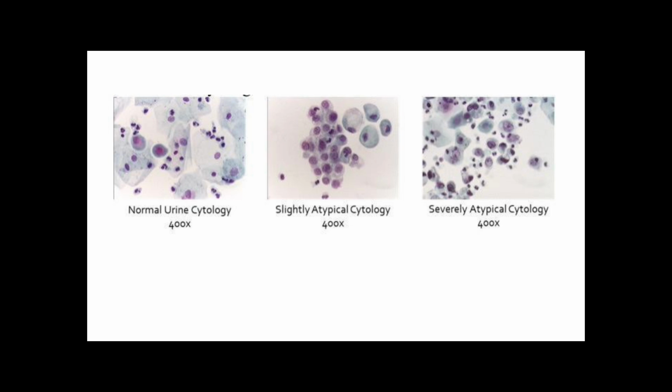In the semi-atypical cases the NC ratio is also very high, and you can see pseudo projections, papillary projections, here. We will discuss this in the next class as cyst fluid cytology.